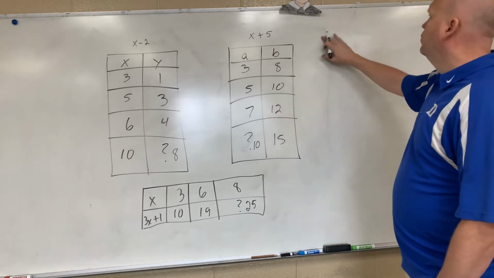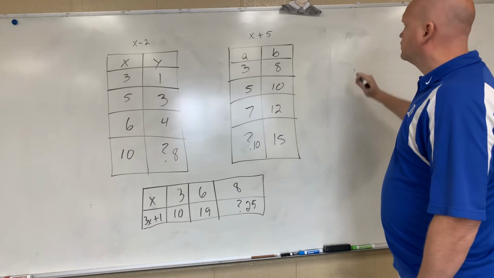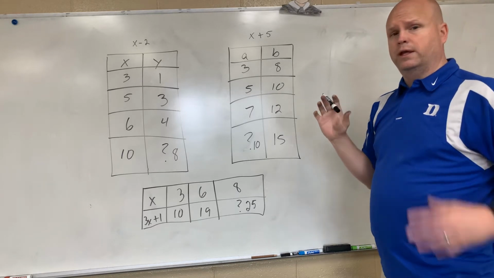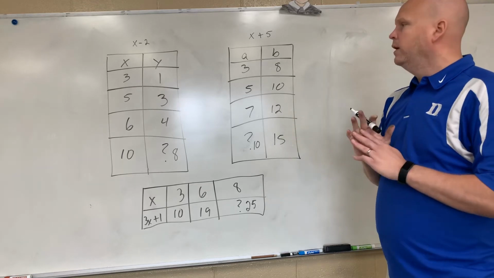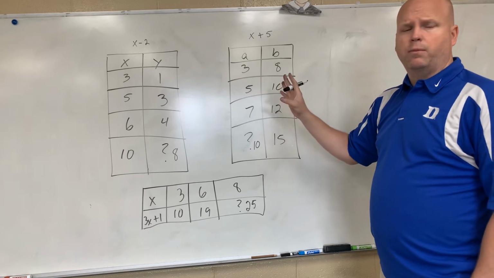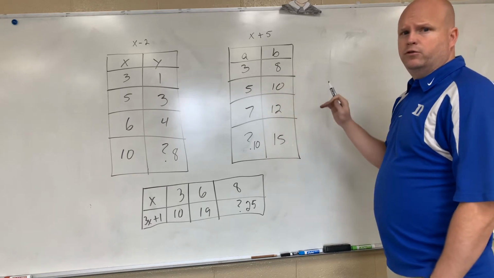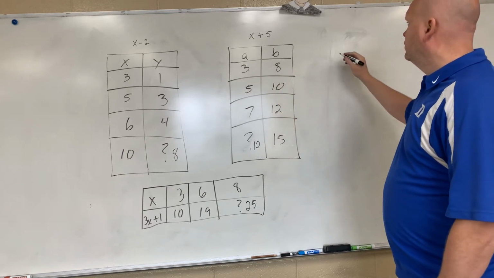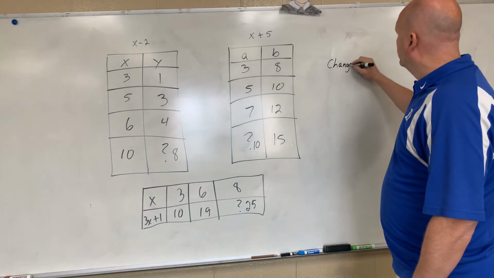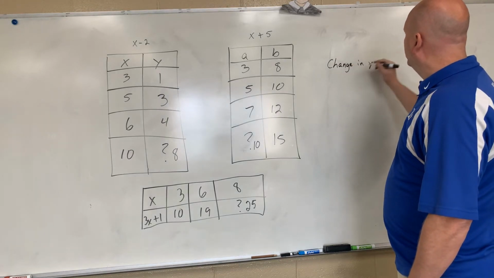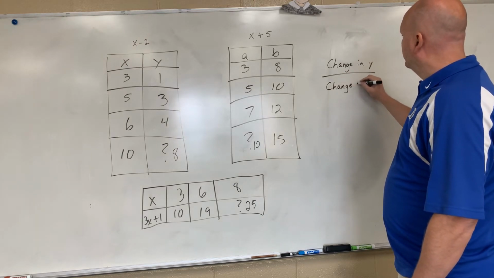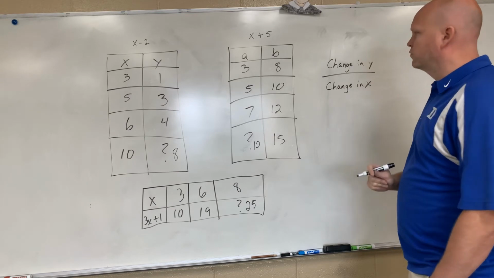So if you are trying to find a function rule, and again, this is more complicated, so if you understand what has happened so far, you can stop watching the video and just go ahead and work on these. But if you want to know how to find the function rule, it's change in y over change in x is the first part of it.